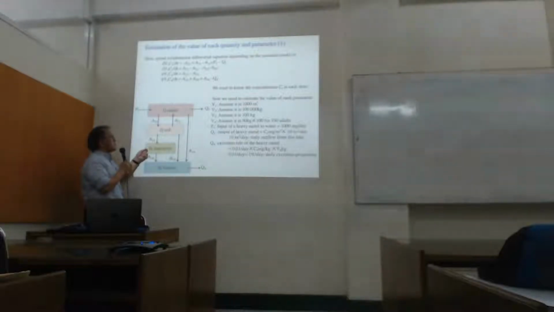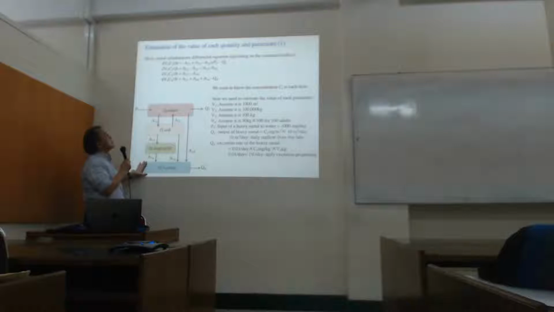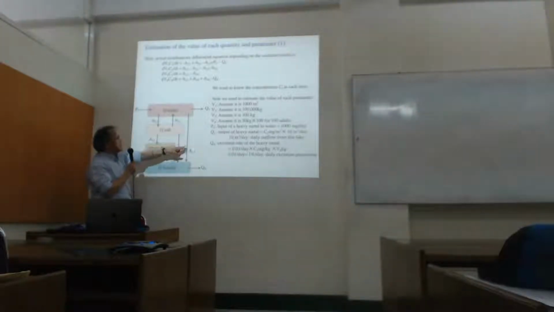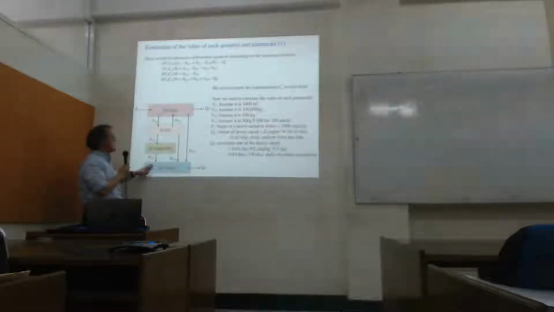For compartment vegetables, input value is A23, output is A34. So this is the change of the total amount of pollutant in vegetables. And in case of human body, human beings, from water, pollutant comes to human body at the rate of A14, from soil A24, from vegetables A34.